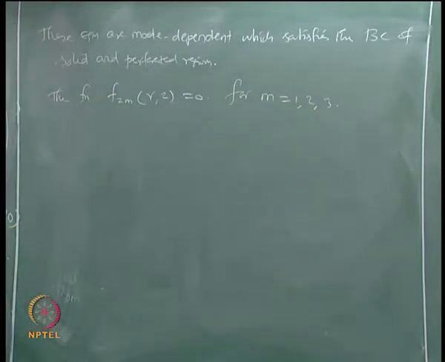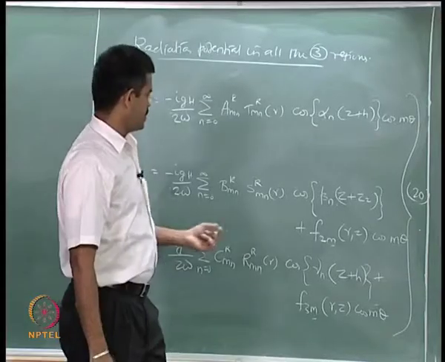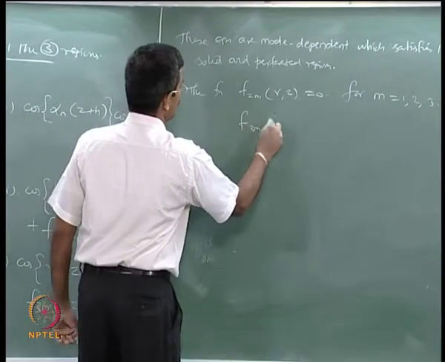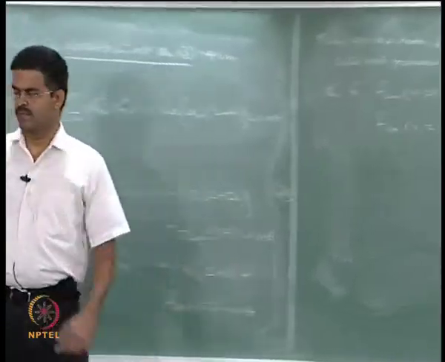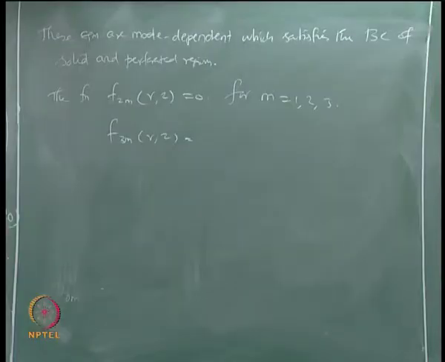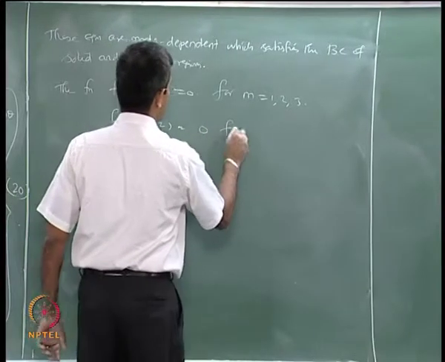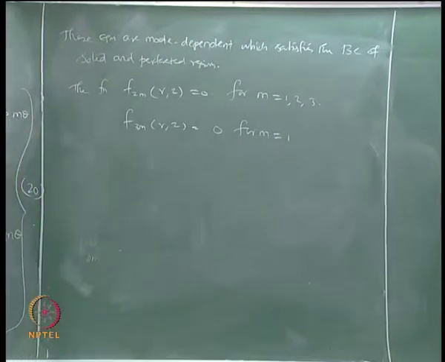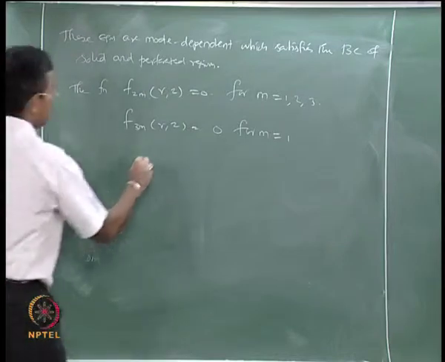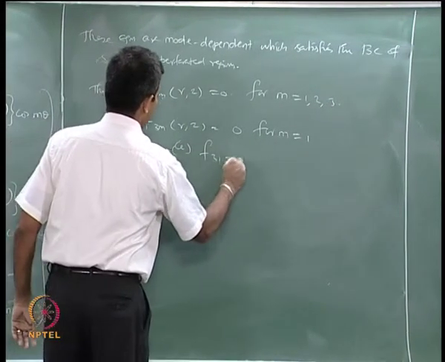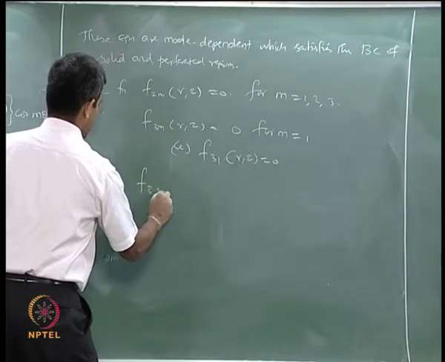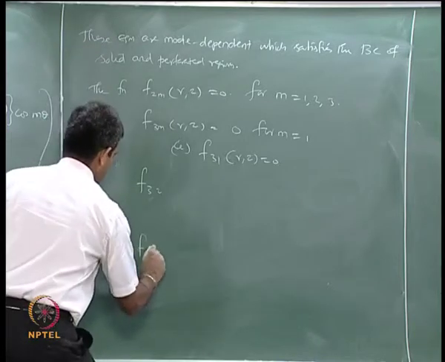So this has been written only to complete it in the form of the equation, whereas f3m of r comma z is 0 for m equals 1, that is f31 of rz is 0, f32 and f33.